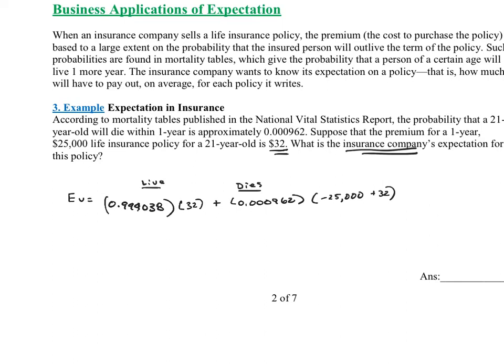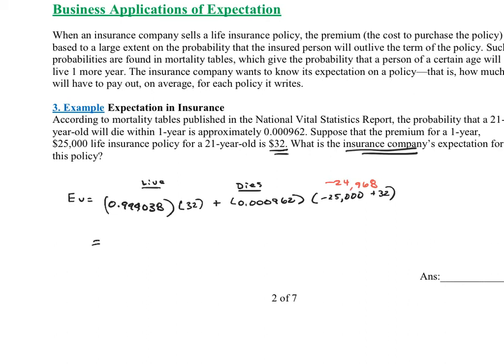So technically the company really lost $25,000 minus the $32 they paid for the premium, which is a $24,968 loss. That's what that number really is in there. So they didn't lose the full $25,000.